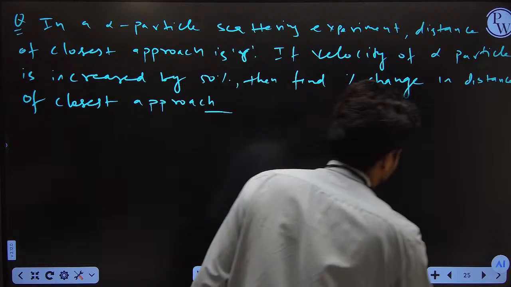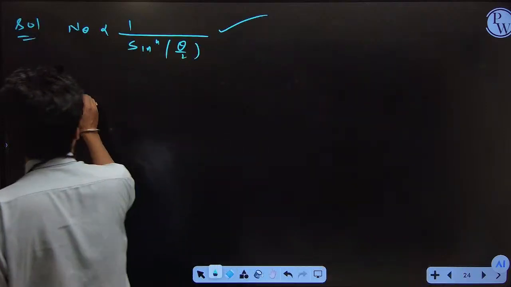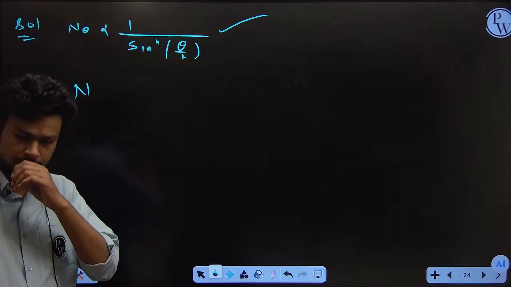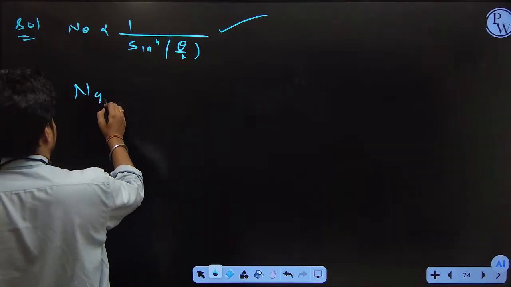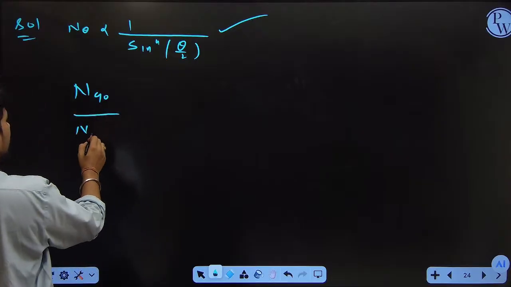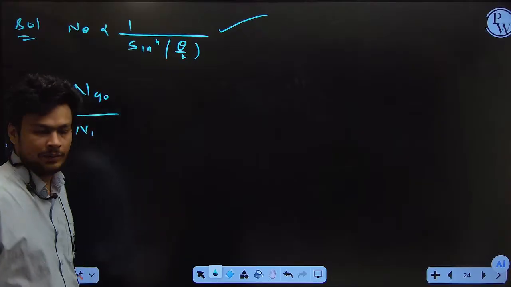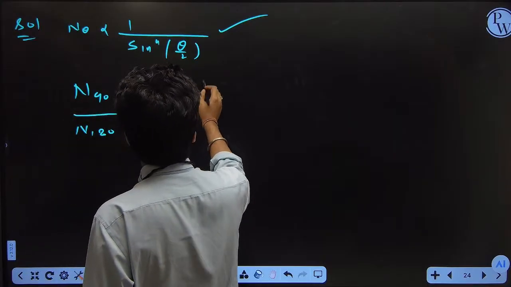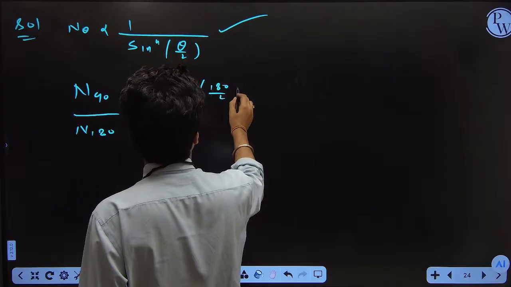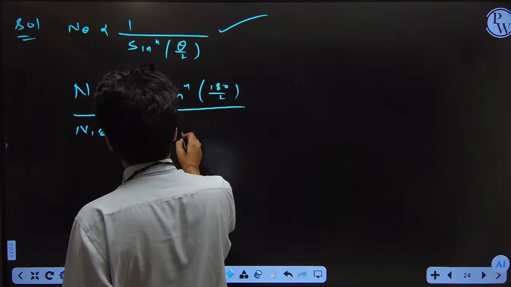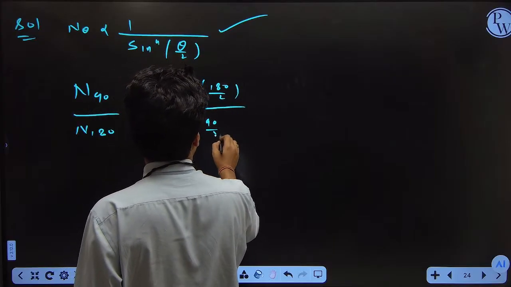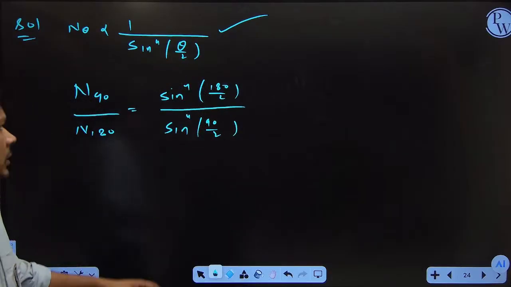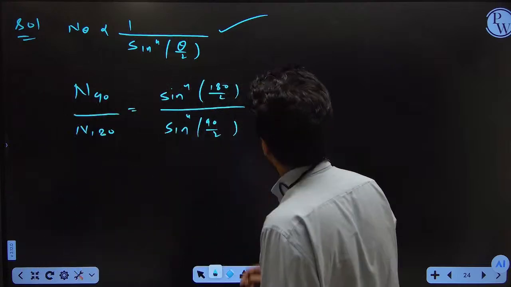Let's first do the practice question. So first question was N at 90 upon N at 180. So N 180 will be sine to the power 4 of 180 by 2 divided by sine of 90 by 2 to the power 4.